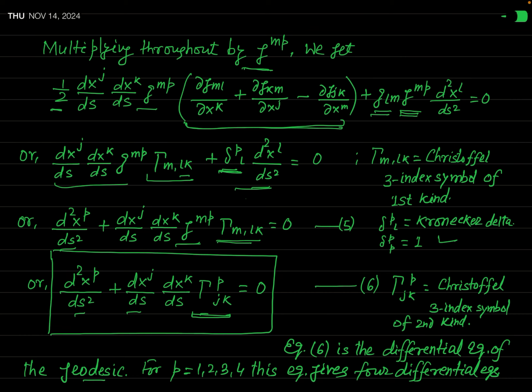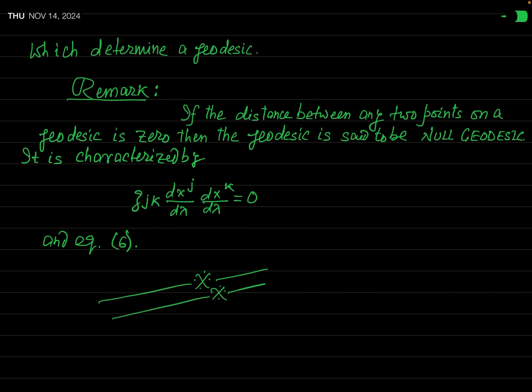In fact, if we talk about Minkowski space, then p will be equal to 1, 2, 3 and 4, and substituting p equal to 1, 2, 3 and 4, we will get the different forms of the geodesic.